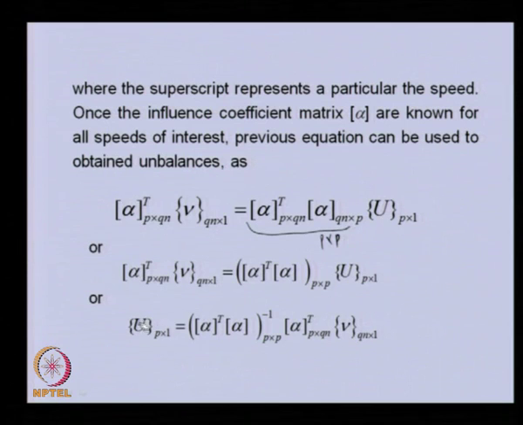And once we know the residual unbalance in p number of planes, we can balance the rotor by putting the correction masses just opposite to the residual unbalance in p number of planes. So, like this we can do the balancing of the flexible rotor using the influence coefficient method.